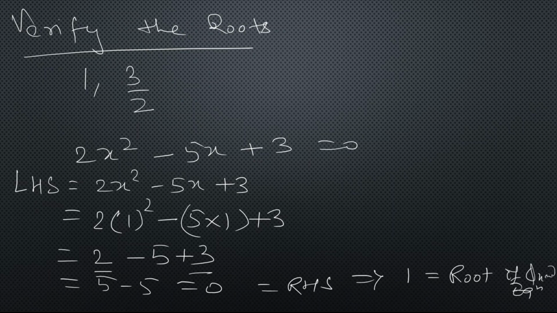We can verify 3 by 2 also, in a similar way. You can do it by yourself, or should I do this? Okay, let's do this. The equation is 2x square minus 5x plus 3 is equal to 0.